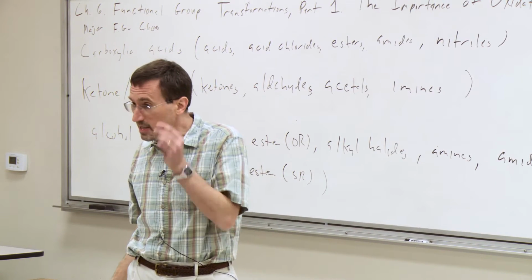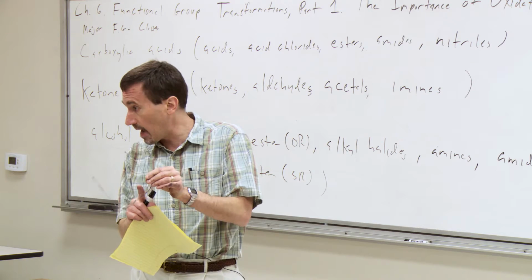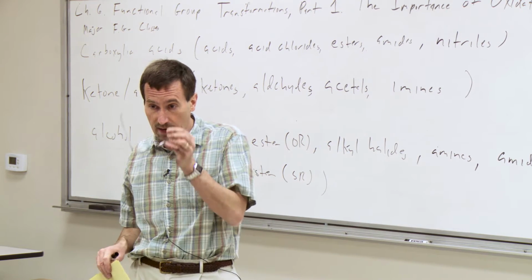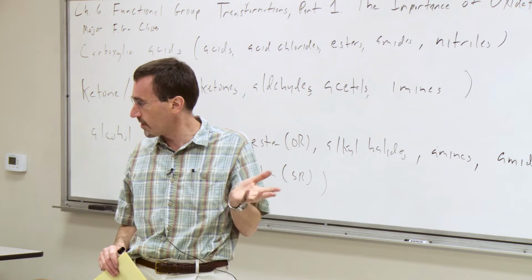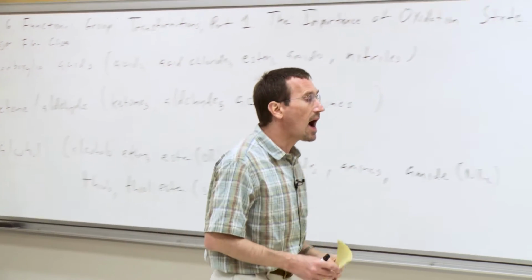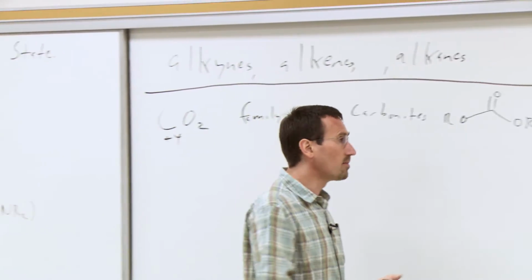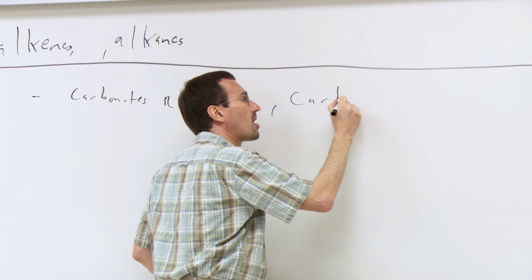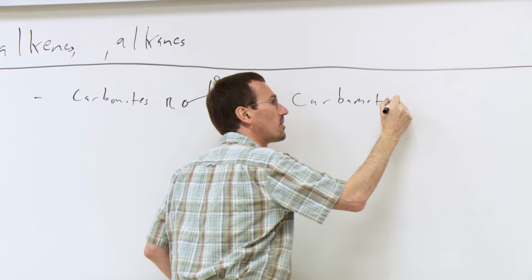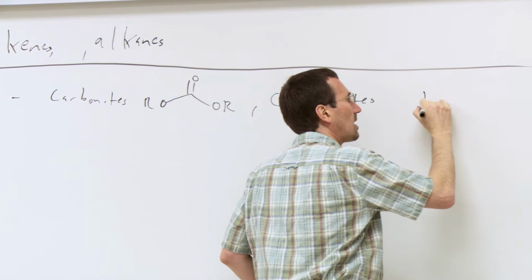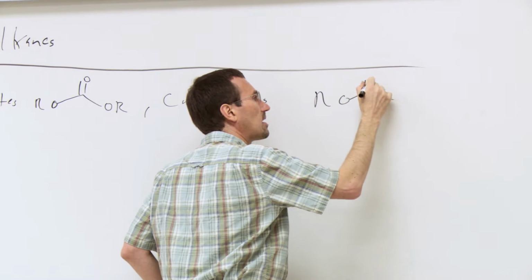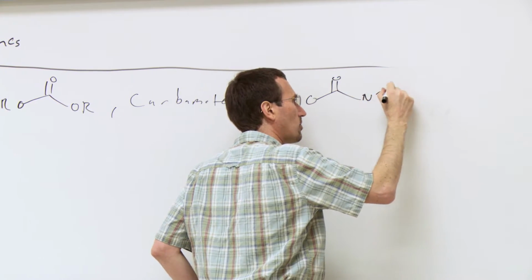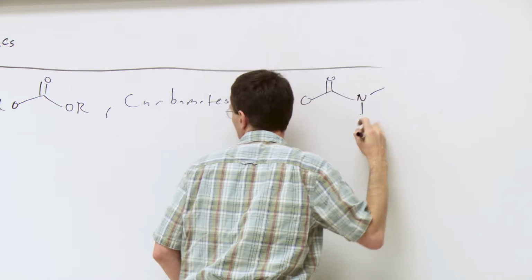Many plastics are polycarbonate. My glasses are polycarbonate plastic. So it's not a trivial functional group. You don't encounter them as much. Carbamates would be another, the nitrogen analog, the amide analog, your protecting groups, your Boc protecting group, and so forth.